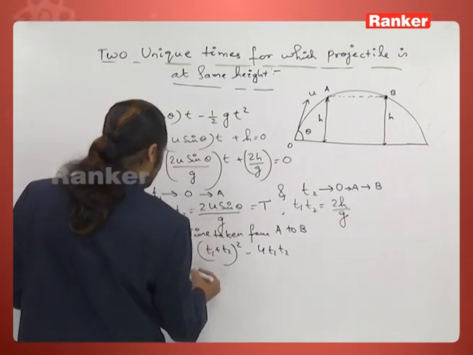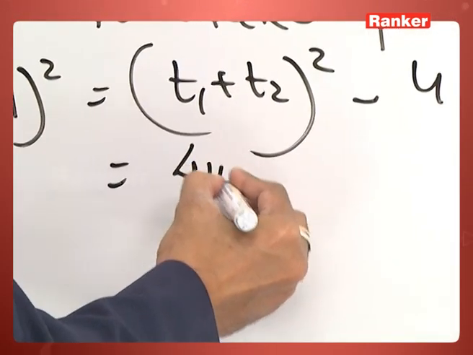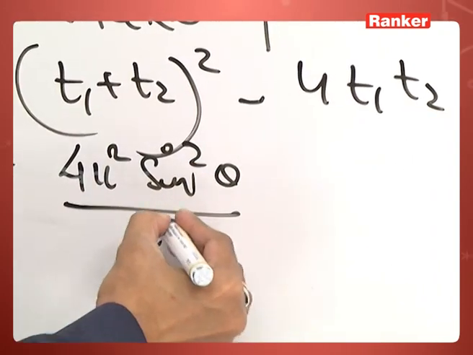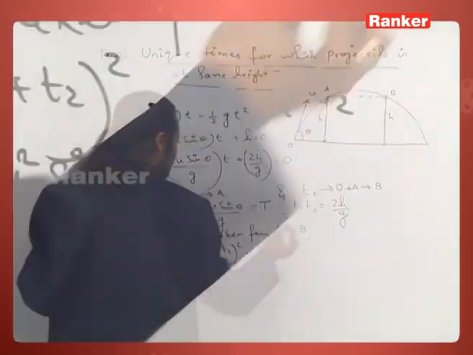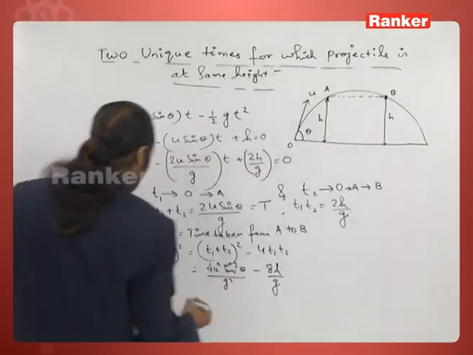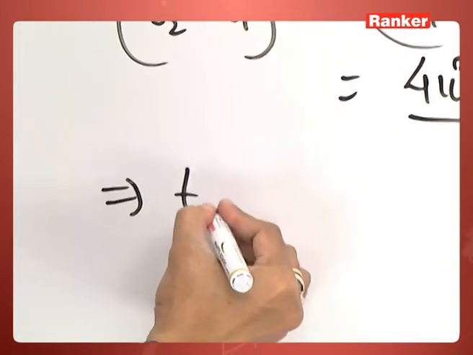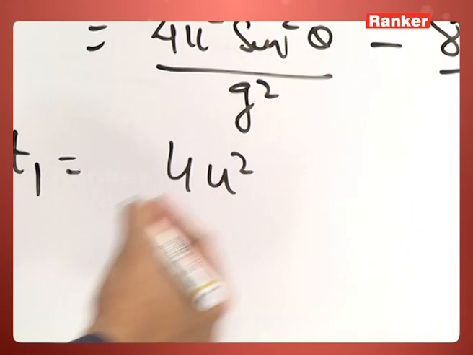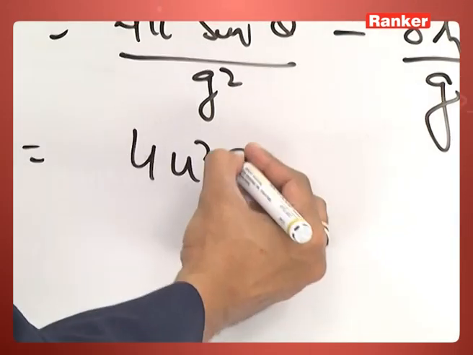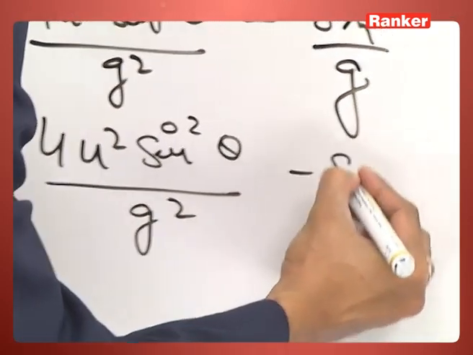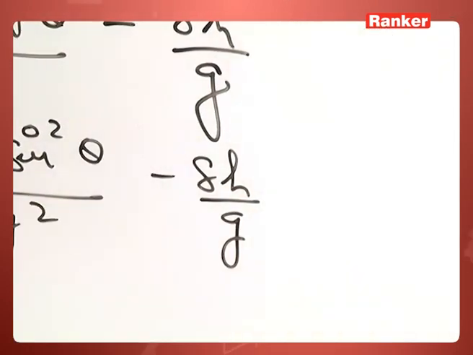So T1 plus T2 whole square is 4u square sine square theta by g square minus this becomes 4 into 2, 8h by g. So that I can write here T2 minus T1 is 4u square sine square theta by g square minus 8h by g whole square root.